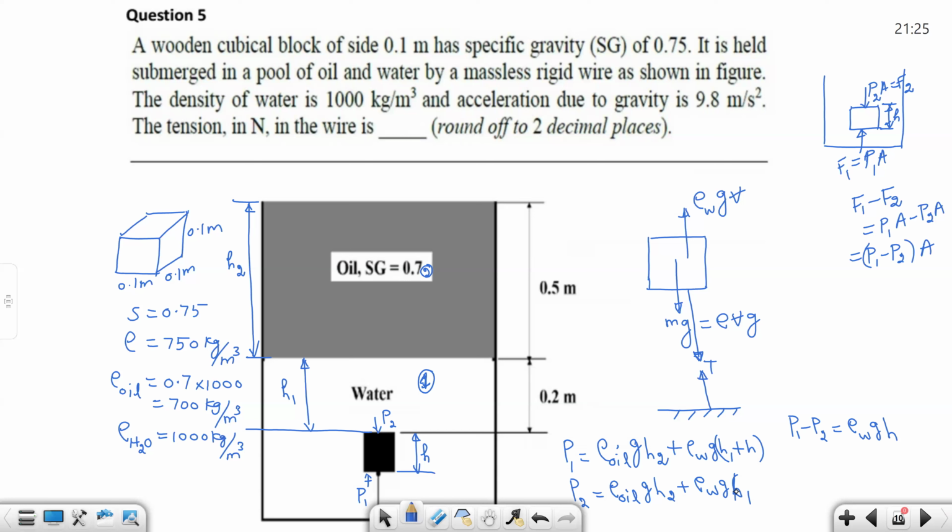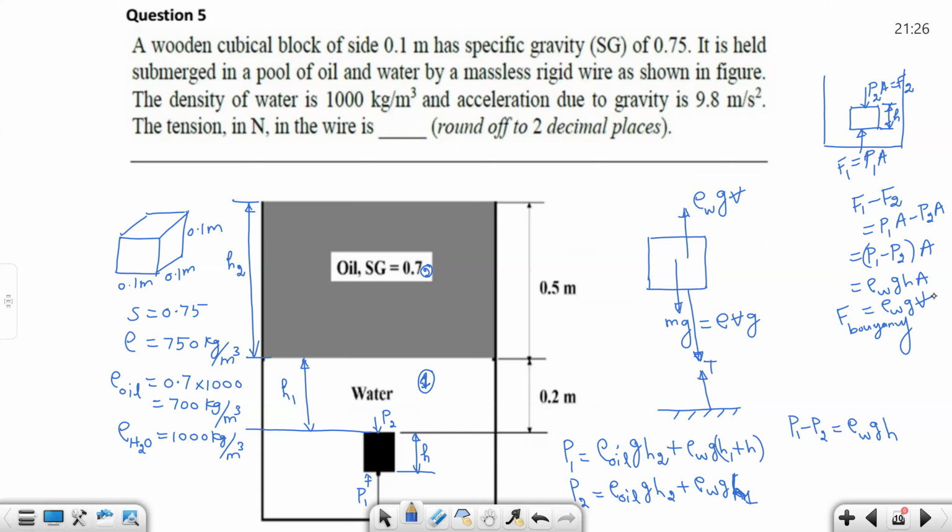So this will be h1. This difference will give you the density of water g into h into A, and h into A is the volume. So this is the buoyancy force. Buoyancy force is rho of water g into the volume of the block.